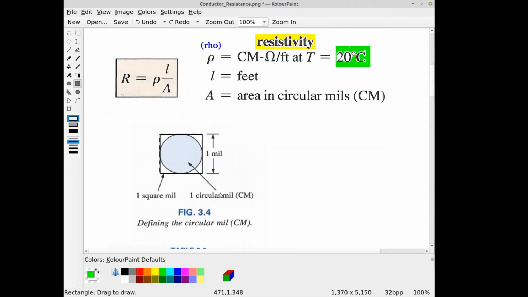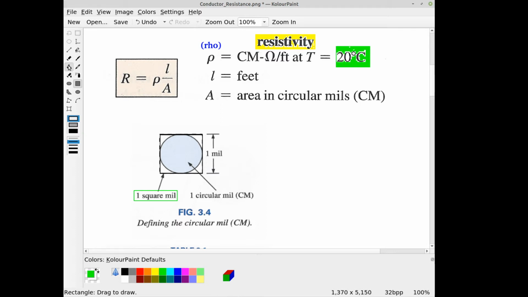Now, when we start talking about the cross-sectional area, most wire is circular, and if we look at using the American wire gauge, its ratings are given in circular mils. One mil is 1/1000th of an inch. A square mil would be 1 mil times 1 mil, a perfect square.